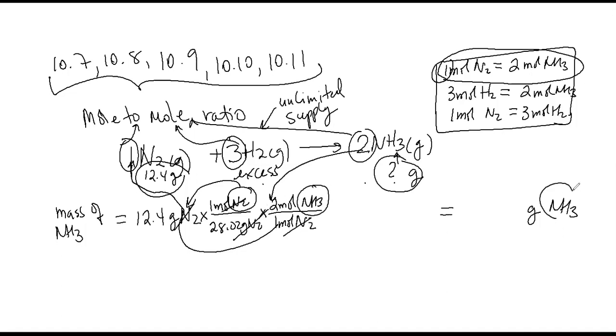Now look, I'm almost there. I already got the substance I really want. So now I need the grams. How do I do this? Well, to do this, I just have to convert. I know that 1 mole of NH3, oops, let me just erase this. So now 1 mole of NH3, and I need to figure out how much it is equal to.